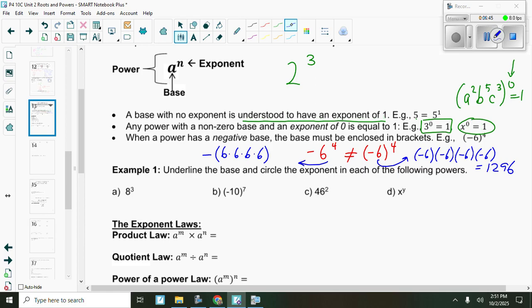Underline the base. Circle the exponent. The exponent is 3, the exponent is 7, the exponent is 2.